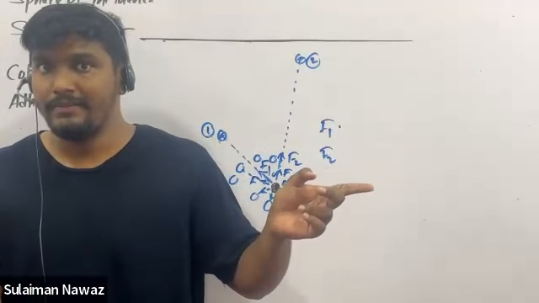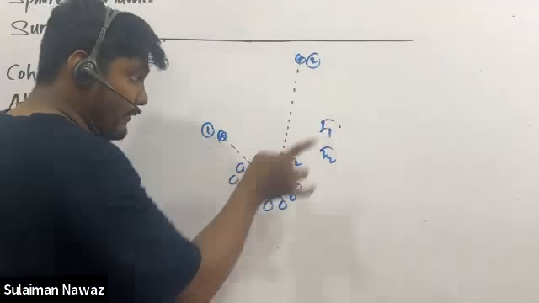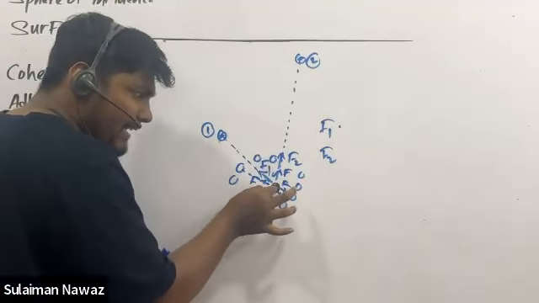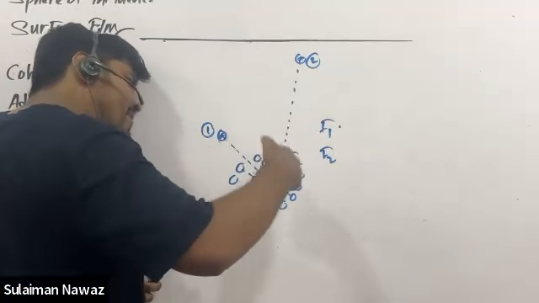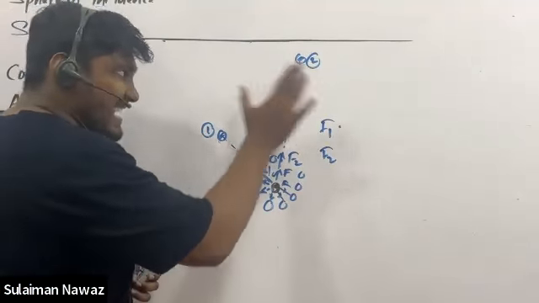Do you understand? So even though this second particle is producing a force on the black color one, that force on this black color particle is very, very, very small. So therefore we can neglect it.